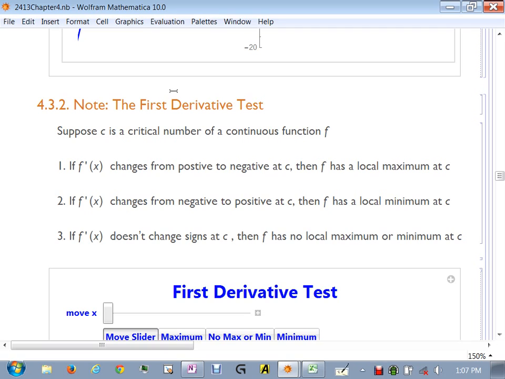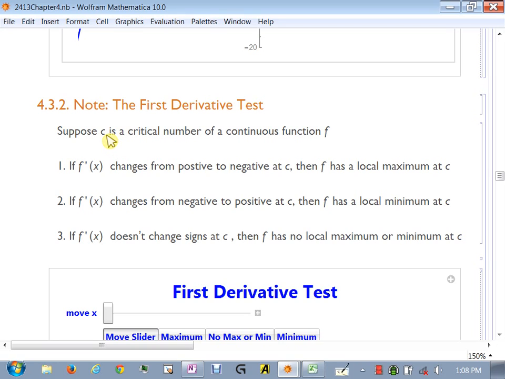Either the derivative is 0 there or the derivative is undefined there. Okay? So let's say that we have found a point in the domain of the function where the derivative is 0 or the derivative is undefined. Let's say that that's happening, okay?